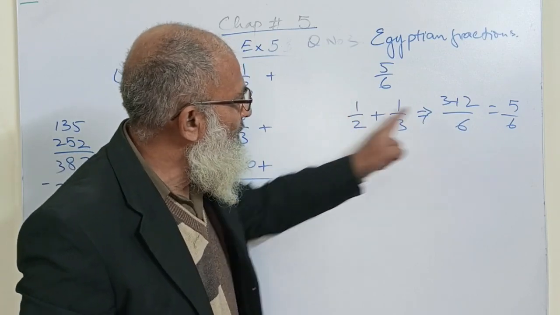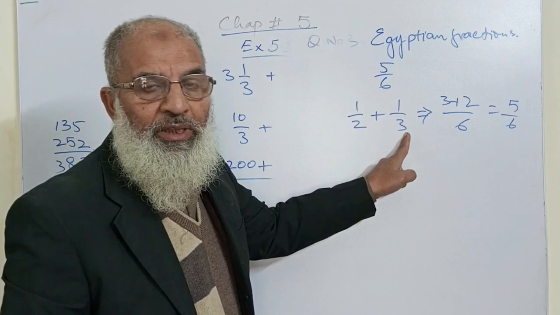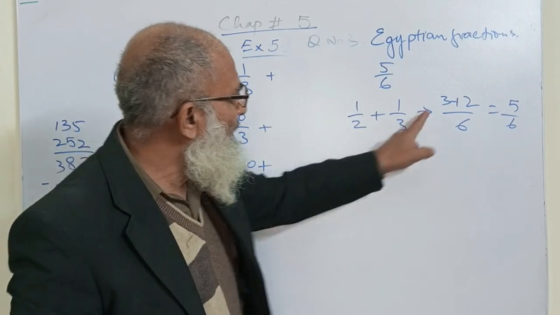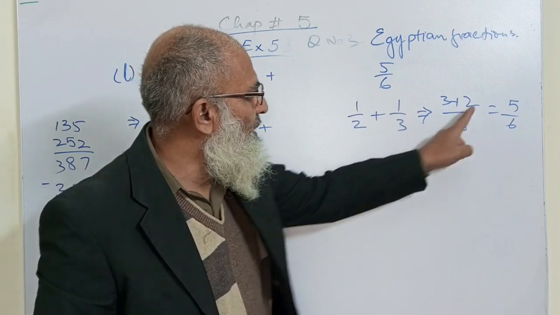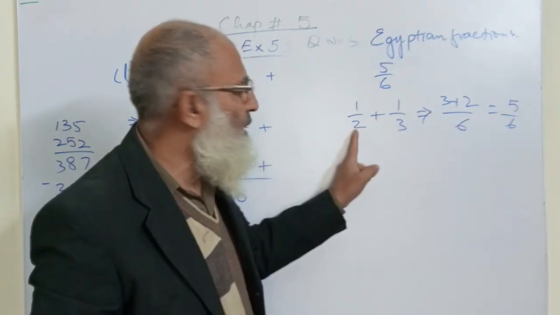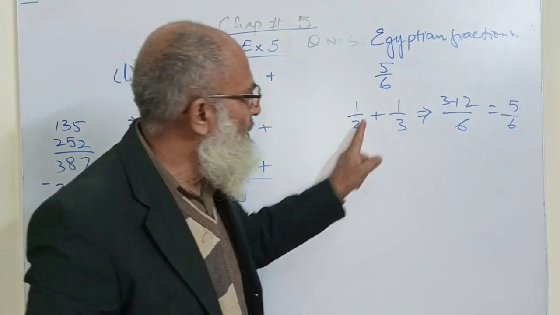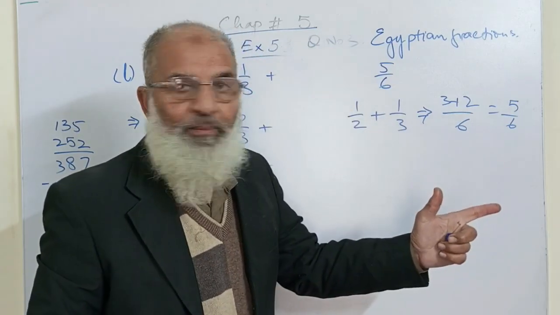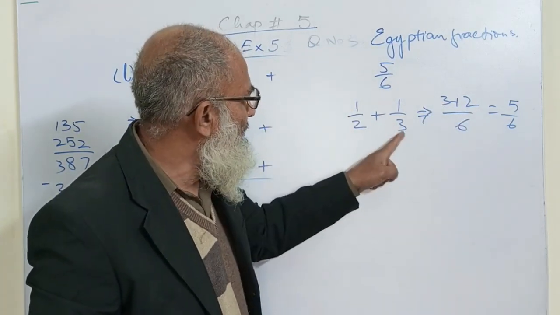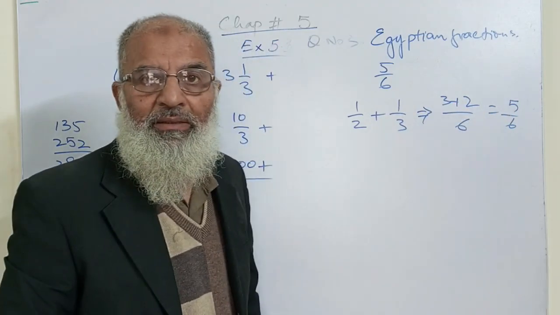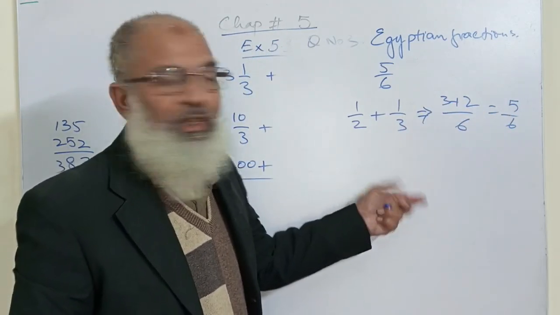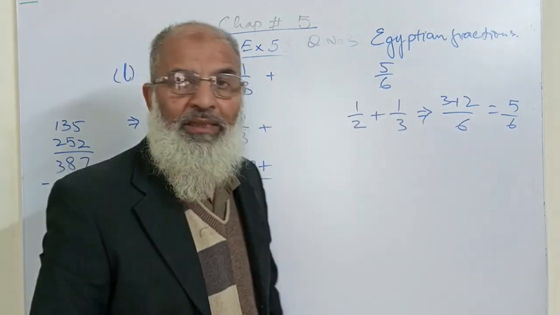For this one, we have replaced 3, which was the denominator over here, and for this, we have replaced 2, which was the denominator over here. So these are crisscrossing each other. Now 3 came over here, 2 came over here, and the result is 5 by 6. So this is the Egyptian fraction, and how it is solved is like this.